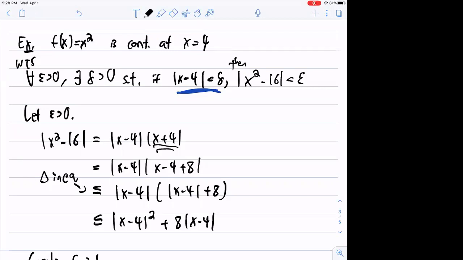So you want to let delta equal the minimum of 1 and epsilon over 9. I believe so, as long as your calculations work. You had to do something with the x plus 4. This is just one way to work with the x plus 4. In either case, as long as you do the algebra correctly, you should be fine.